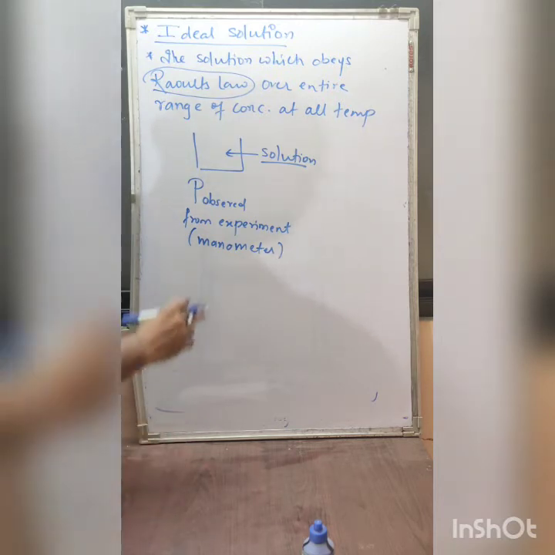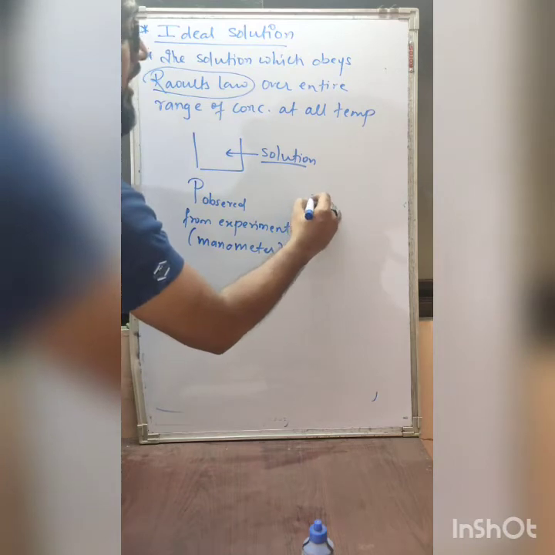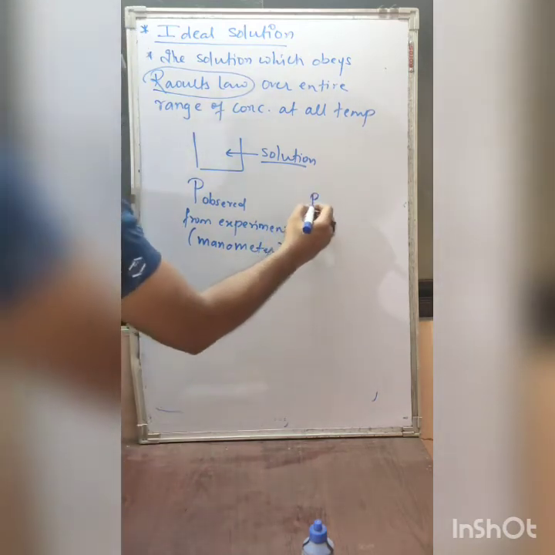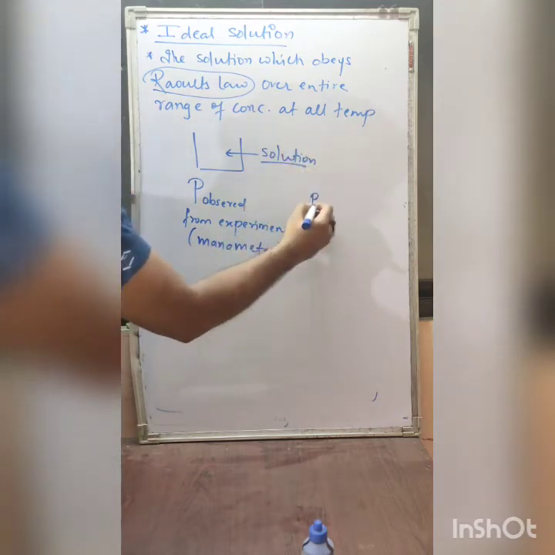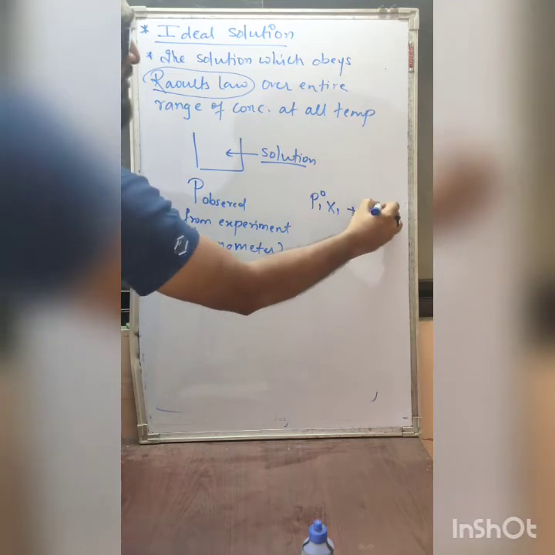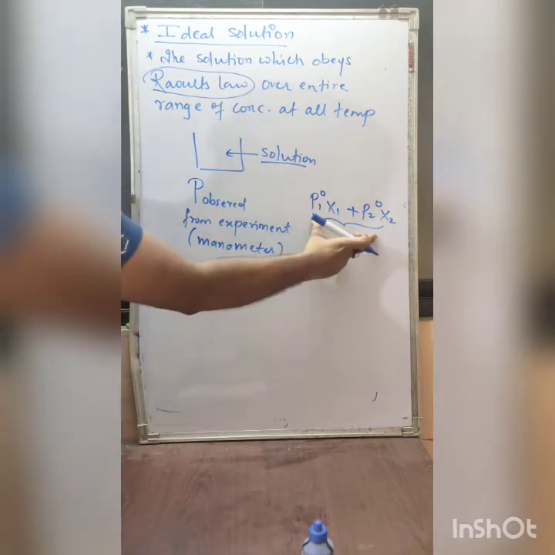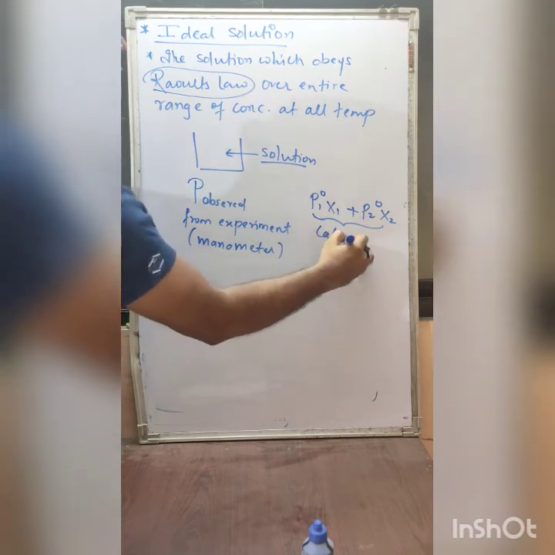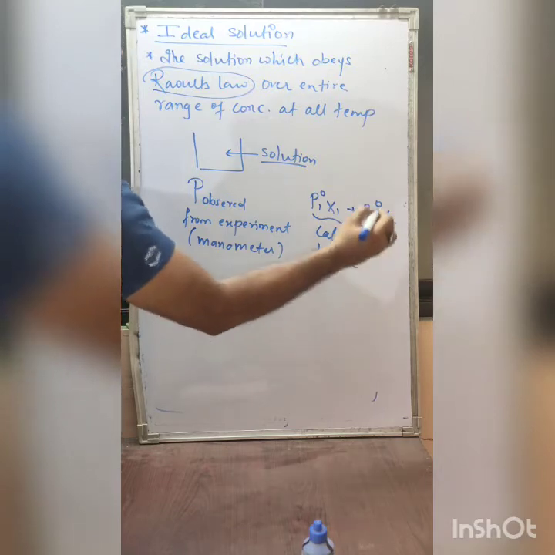Okay. Now for the same solution we find the vapor pressure by using Raoult's law. We can write it as P1⁰x1 plus P2⁰x2. So the vapor pressure of the solution is calculated by Raoult's law.